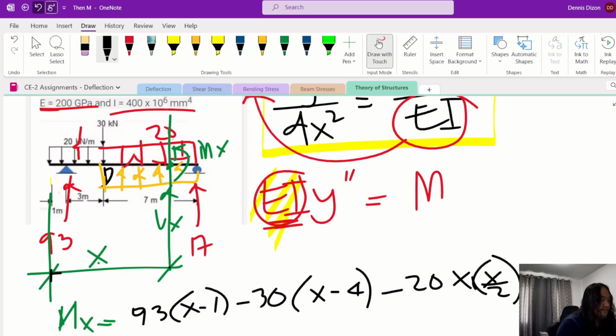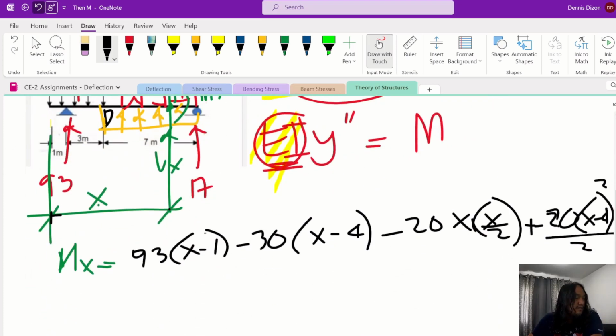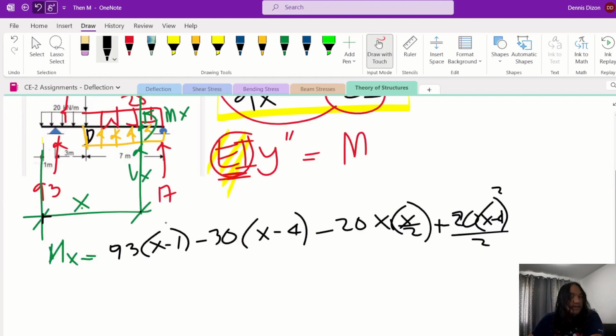So this is 20 times x minus 4, and then times x minus 4 over 2. So this is x squared over 2. So this is our general equation of moment at x.